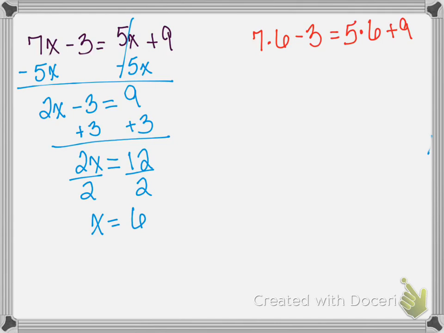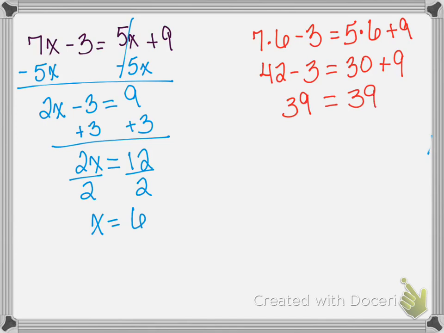Okay? 7 times 6 is 42. 5 times 6 is 30. 42 minus 3 is 39, and 30 plus 9 is 39. Okay?